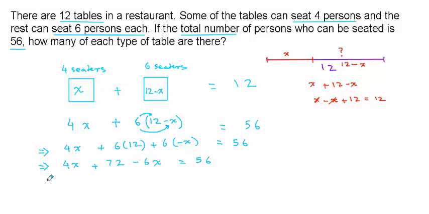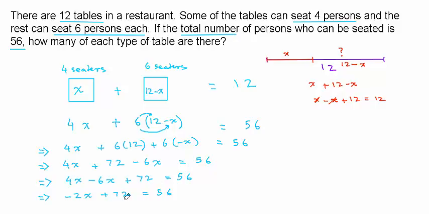Bring the x's together. We have 4x minus 6x plus 72 is equal to 56. Which means 4x minus 6x is negative 2x, nothing to be worried about, plus 72 is equal to 56.